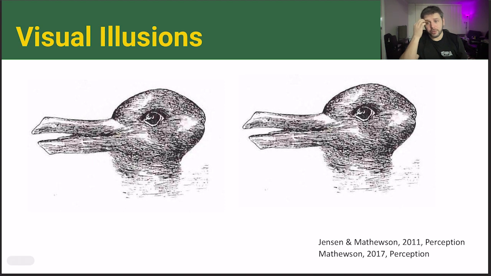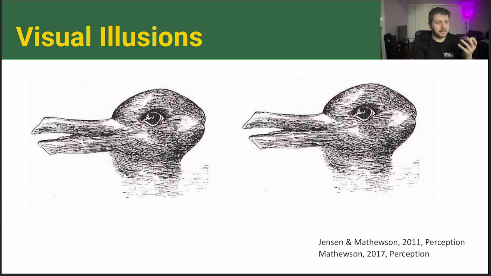So with visual illusions, one primary thing becomes apparent, and it's that we're not just recreating an exact manifestation of what exists in the outside world. Because if you look at this, you either might see a rabbit or you might see a duck. And what that shows us is that the actual stimulus hitting our eyes and being processed is the same, but our perception is being altered between whether we see a rabbit or a duck.